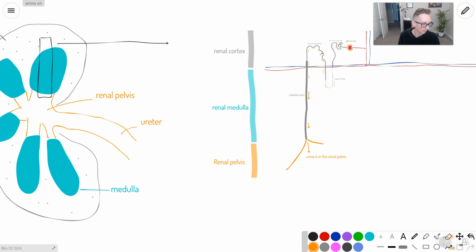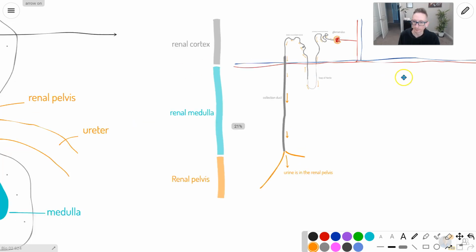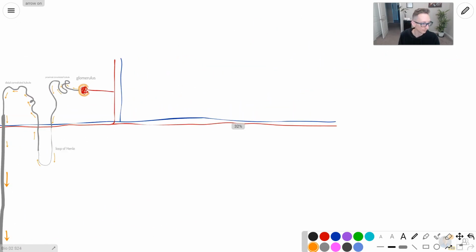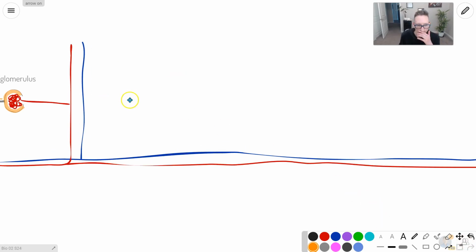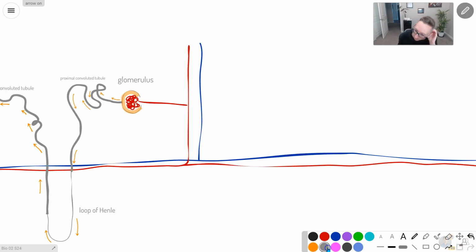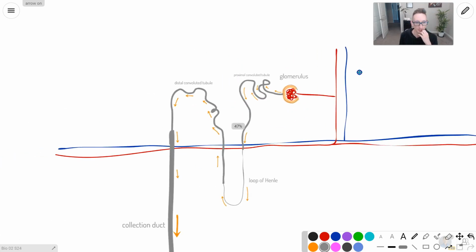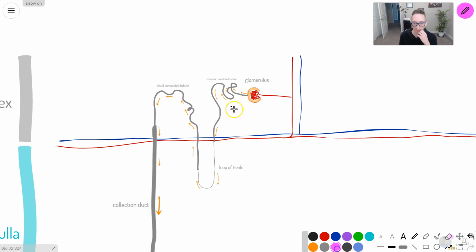Let's just draw one more of these over on the other side. And we're going to add in some of the vasculature to it. Same kind of thing. And there's different nephrons. And so this whole thing is called a nephron.